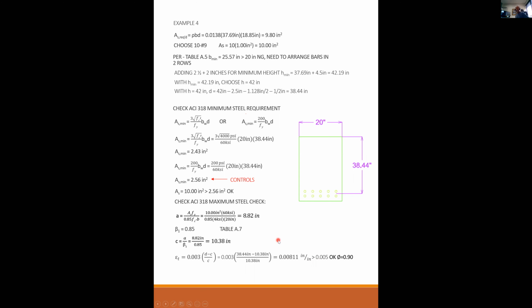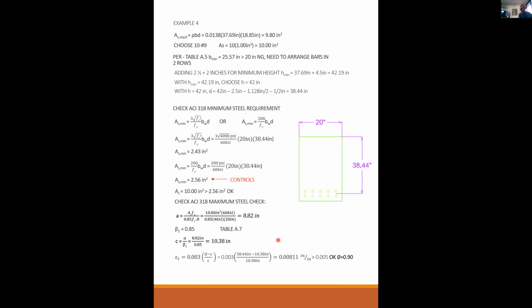Now, having said all that, we have a table, table A.7 on page 598. So if you go into that table with f'c equal to 4,000 and grade 60, you see that we have this thing called rho balanced, rho when epsilon t equals 0.004, 0.005, 0.075, and then minimum.